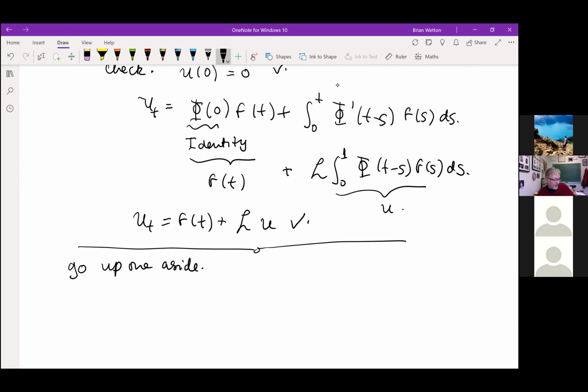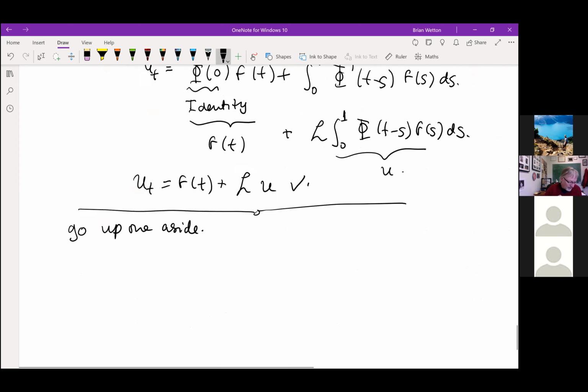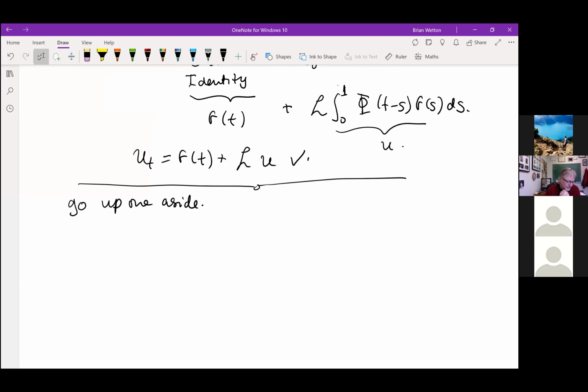We want to figure out Duhamel's principle for the second order in time problem. Right, so I've got u_tt is L times u plus f of t. This is what we want to solve. We want to solve it with 0 initial conditions.